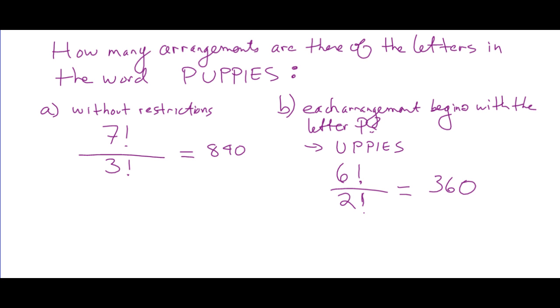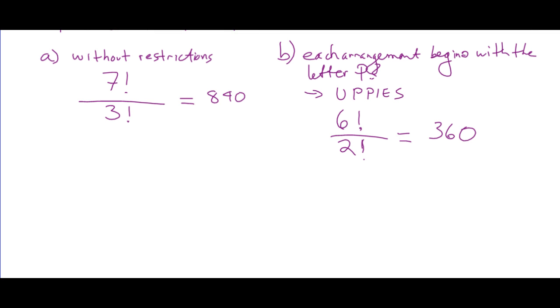Right, so now we're dealing with restrictions, right? It's got to begin with a P. All right, take a P out, right? What's left? Let's see, what if it begins with 2 P's? The first 2 letters are P. Okay, what do we do if the first 2 letters are P?